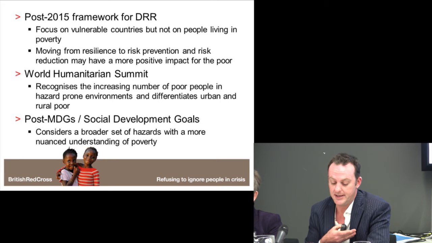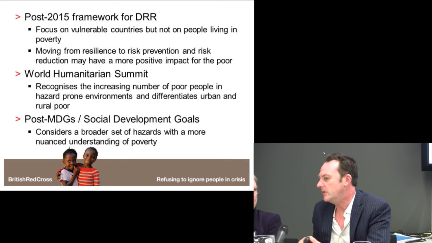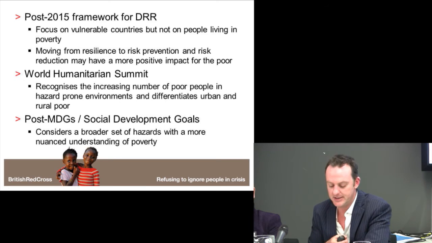They're not dealt with adequately yet in the World Humanitarian Summit, but in particular in the post-2015 framework for disaster risk reduction, poverty is almost not dealt with at all. I think Tom mentioned earlier when we were having a discussion before this, it's mentioned 4 times in the whole framework. And even with those 4 references, not all of them are actually talking about it in terms of the relationship to disasters. So it's almost absent in this framework.